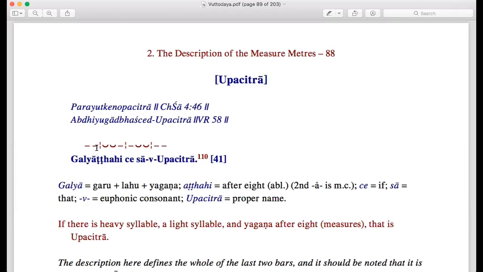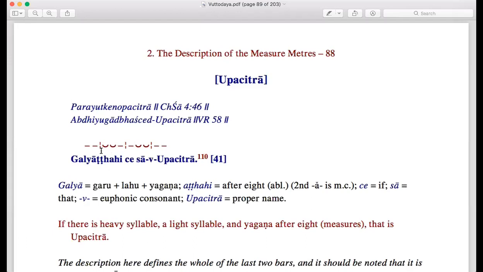Attahi is also Panchami Vibhakti, the ablative case. After 8 measures, there should be garu, lahu and yagana. Che bhavanti yadi, if there are garu lahu and yagana after 8 syllables, then that verse is called Upachitra. So yeah, that's it.